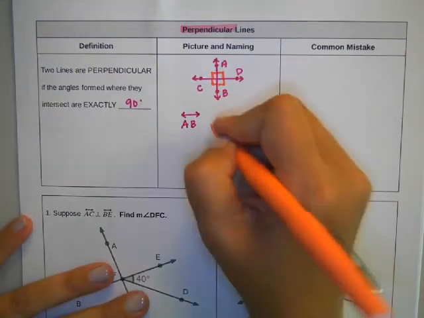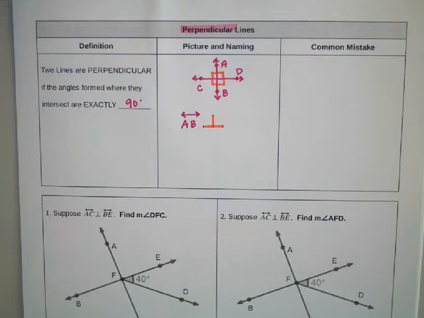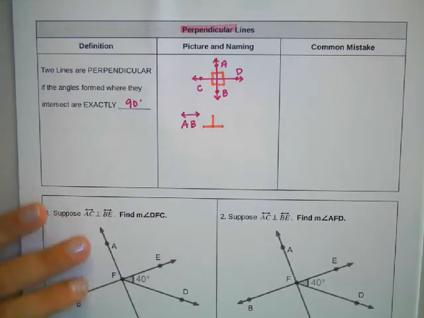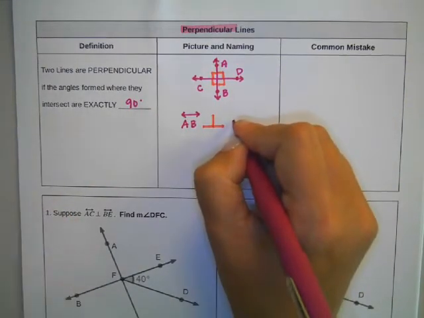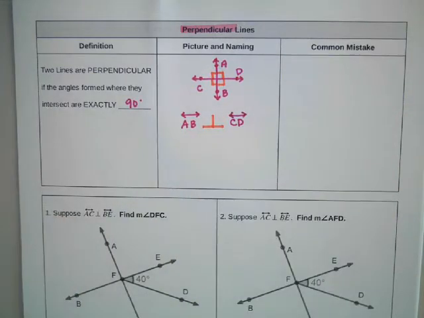Then the symbol for perpendicular, so you don't have to write out that super long word all the time, looks like a little upside down T. And the reason that that's the symbol is it's like a little perpendicular set of lines. And then the other line that we're talking about here is CD, and that's going to have arrows on both sides to show that it is a line.